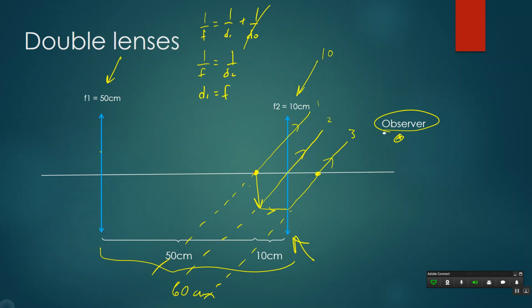It's just going to be m is equal to the objective divided by the eyepiece, and in this case, that would be just 5. So this telescope system provides us a magnification of 5. The reason I got that is 50 centimeters divided by 10 centimeters. So it's not an excellent telescope that I have here.